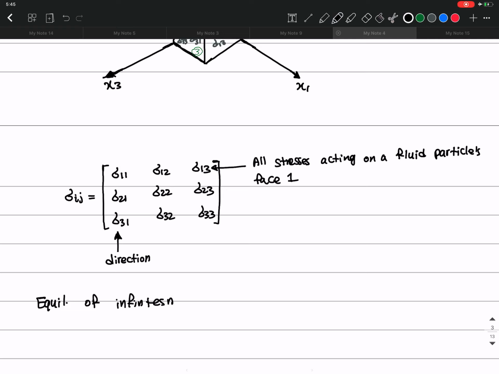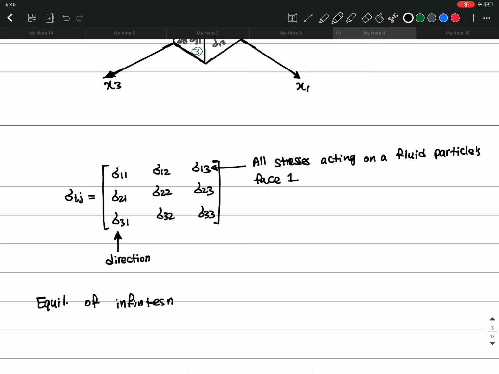Otherwise, the particle is going to tear down, so it's going to deform and distort completely. But you can reach a very, very small volume where the particle is never going to change its shape. Okay, so in that state we have an equilibrium of all the stresses. So based on that equilibrium, we can write that sigma 2,1 should equal sigma 1,2.